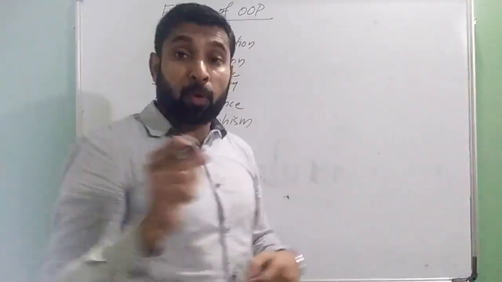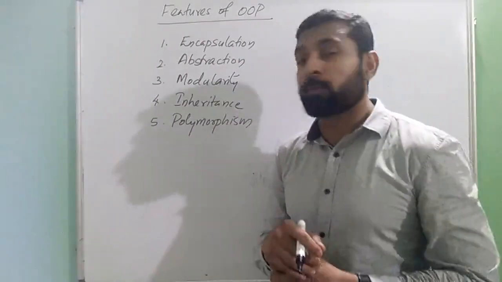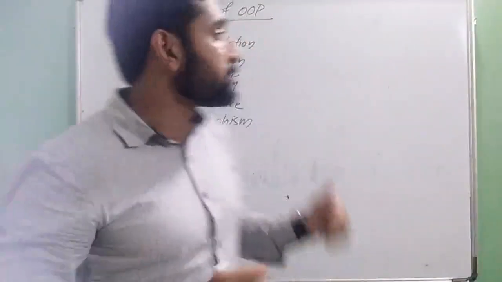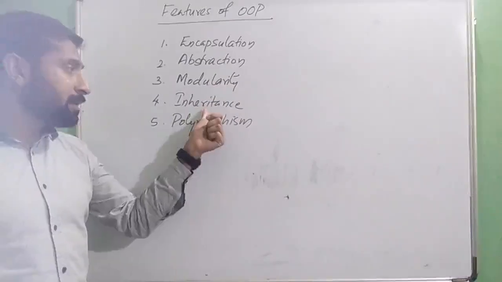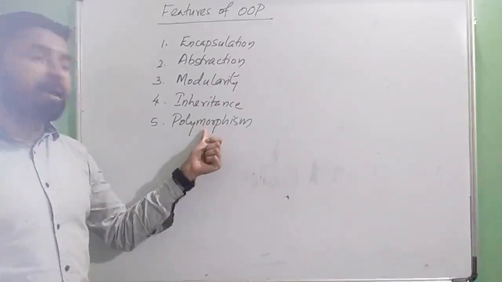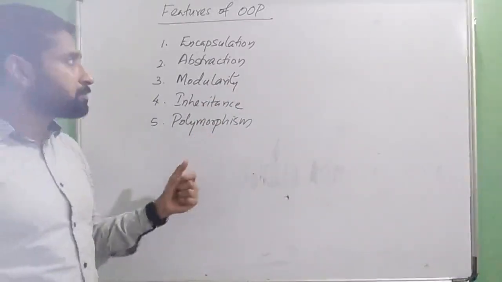These are the important features of object-oriented programming: encapsulation, abstraction, modularity, inheritance, and polymorphism.